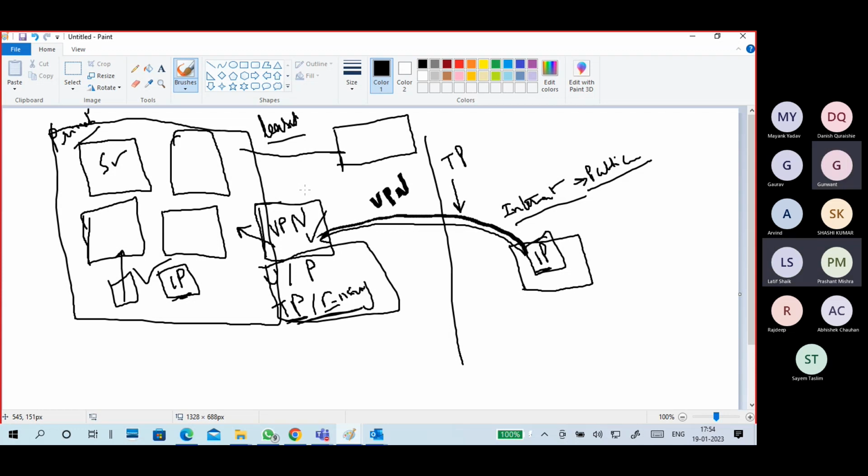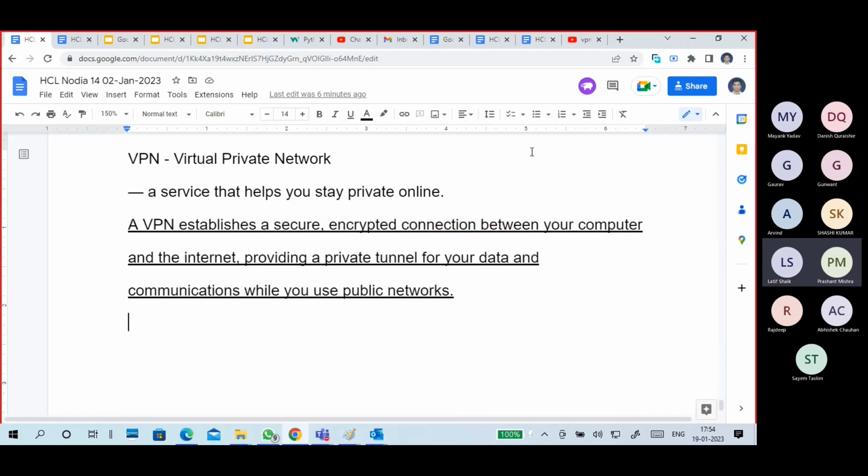Okay. Yes. This is a public line. We are accessing our infrastructure through the internet, meaning a public line. That's why we need a VPN to encrypt your data. It is a service that helps you stay private online, but without internet, VPN won't work. Internet is compulsory, but you are passing through the internet in a virtually secure line, a virtually private network, not a physically private network.